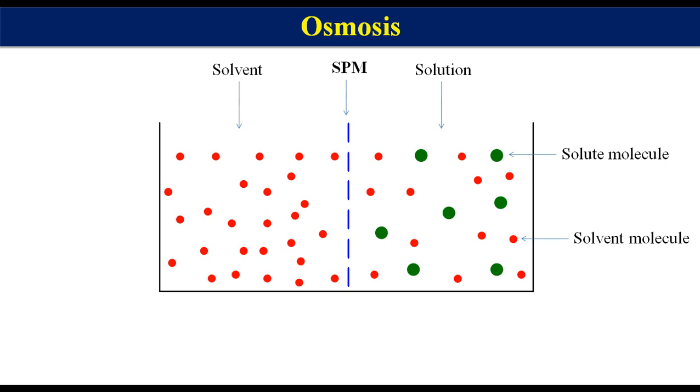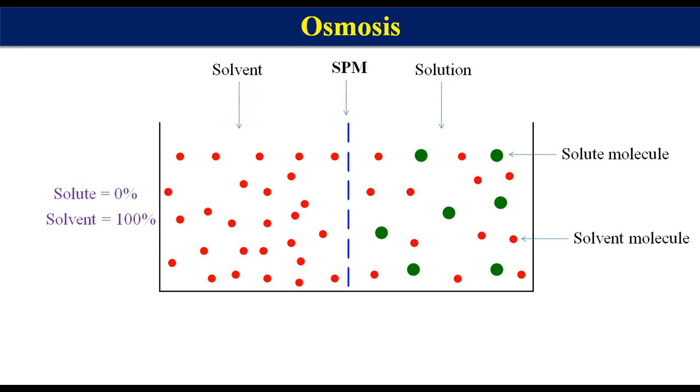In the left compartment, there are only solvent molecules, so the concentration of solute will be 0% and concentration of solvent will be 100%. In the right compartment, there are both the solvent and solute molecules.